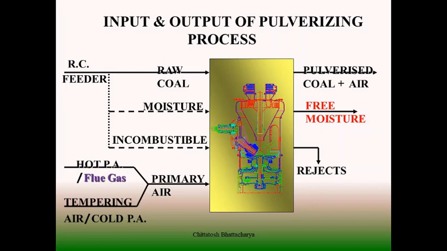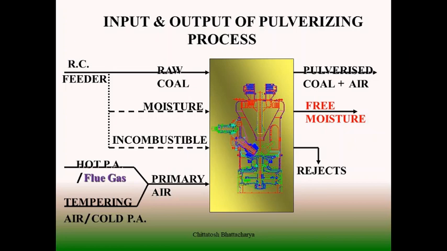So this primary air is coming for drying and helping in flying the coal to convey it pneumatically to the burner in suspended condition. So during the process of pulverizing, we get the ground coal.